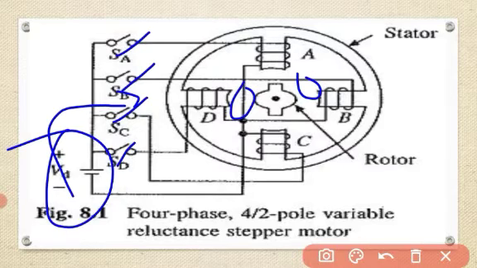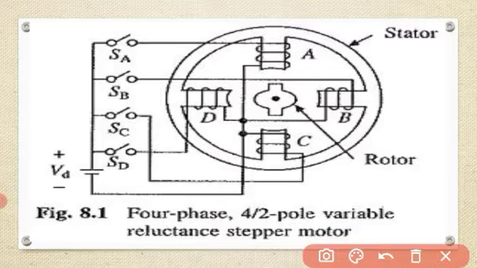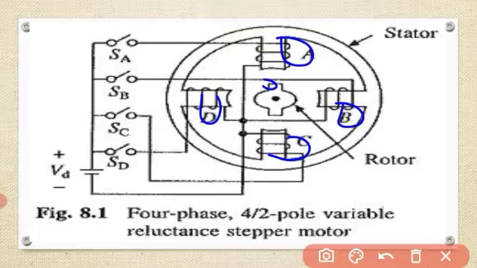I will explain with one example. Here we have a 4-phase, 2-pole machine, phases A, B, C, D. In other words, 4 poles in the stator, A, B, C, D, and 2 in the rotor.